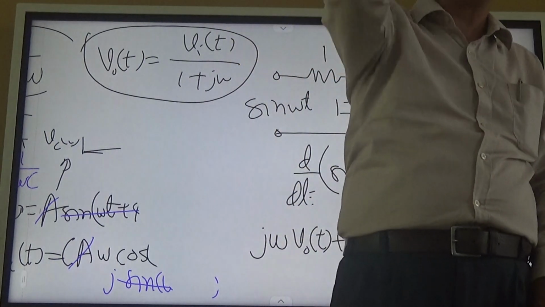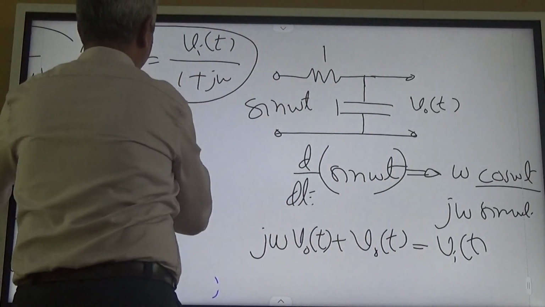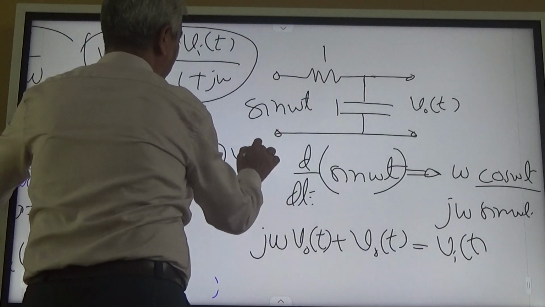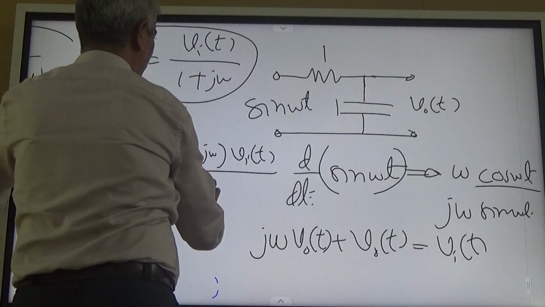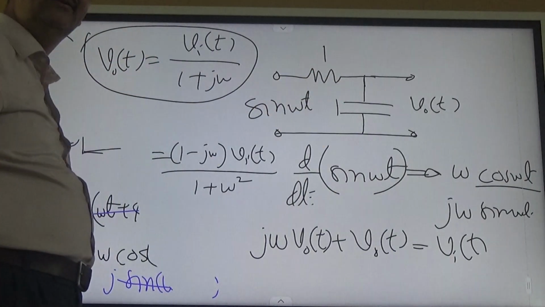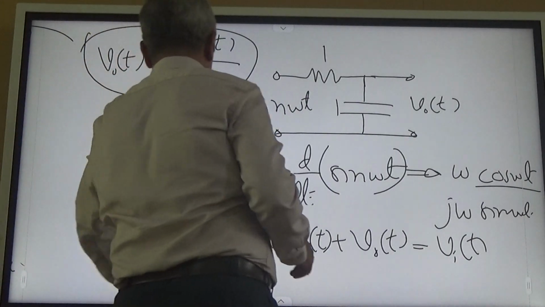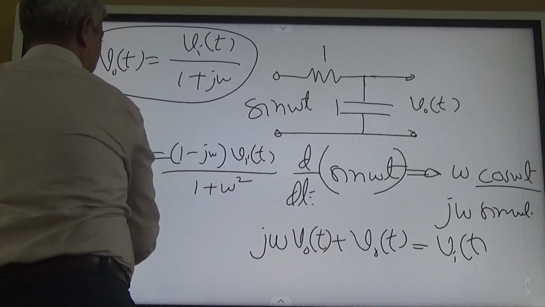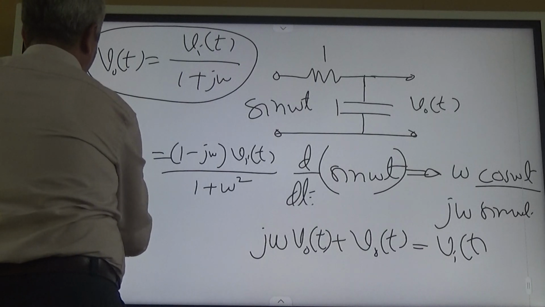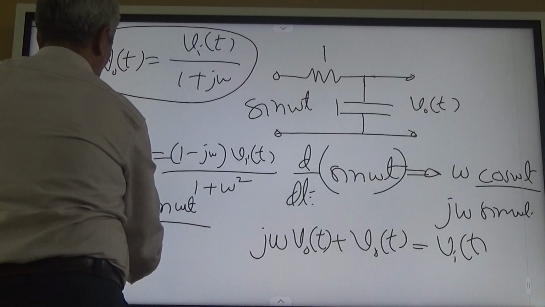Multiply by 1 minus j omega, so it becomes 1 minus j omega V in t upon 1 plus omega square. What is V in t? sin omega t. So 1 minus j omega times sin omega t upon 1 plus omega square.